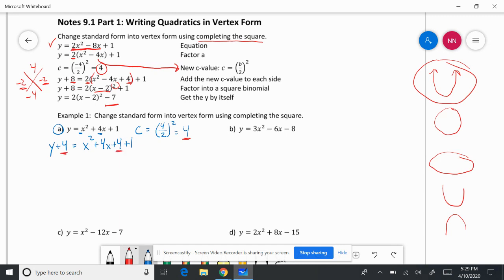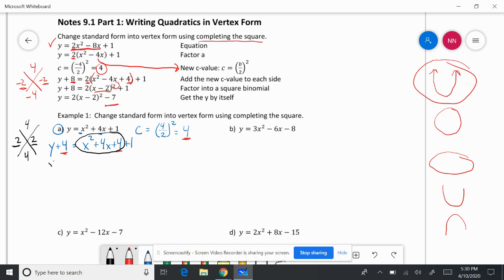Now my next step is I'm going to factor it. So I'm going to look at my trinomial, and I'm looking for two numbers that multiply together to give me 4, add up to 4, and that would be 2 and 2. If we're doing this correctly, these numbers are always going to be the same.